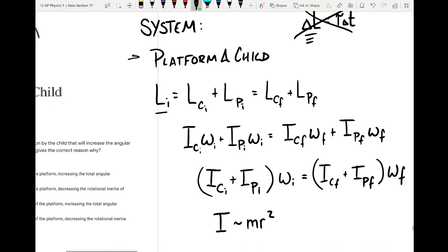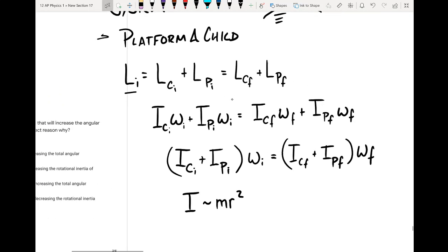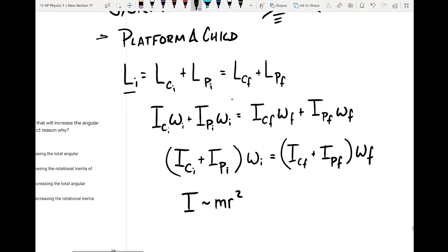Like we did with regular momentum, we can split this into pieces. What has angular momentum in our system? What is the total angular momentum made up of? The initial angular momentum is made up of the initial angular momentum of the child and the initial angular momentum of the platform. The final angular momentum is made up of the final angular momentum of the child and the final angular momentum of the platform.